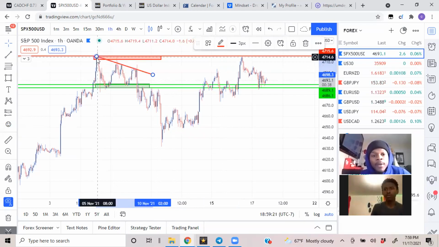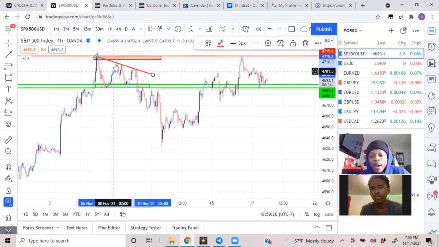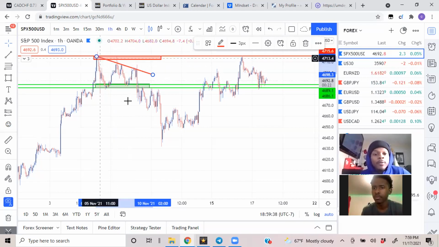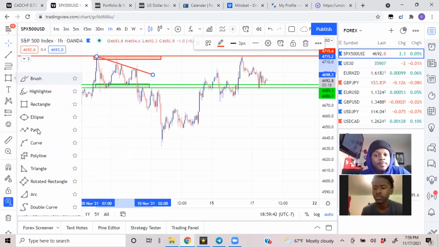You see that we had a very high point right here. And then as it continued on, it created a lower high point. And then as it continued on, it created another lower high point. It wasn't like the market was going like this. I'm about to draw it up.